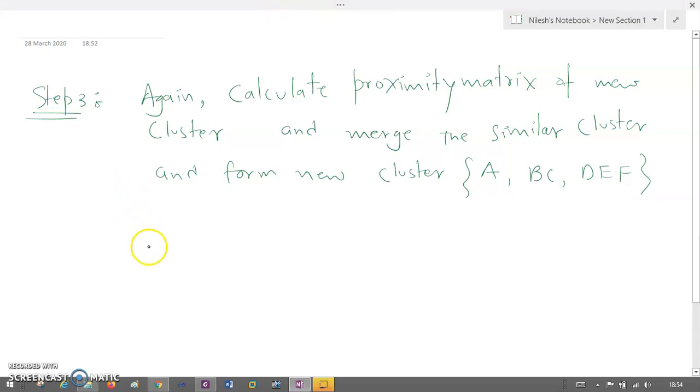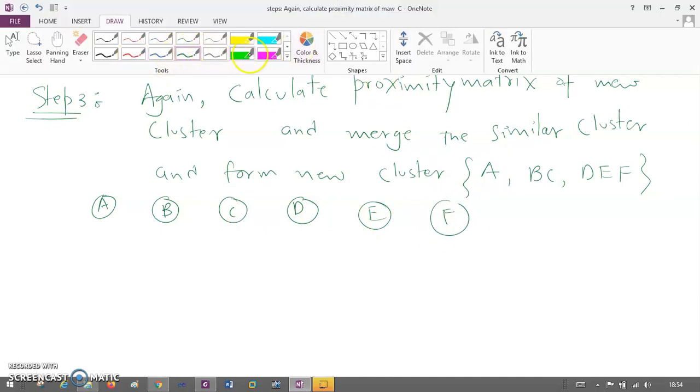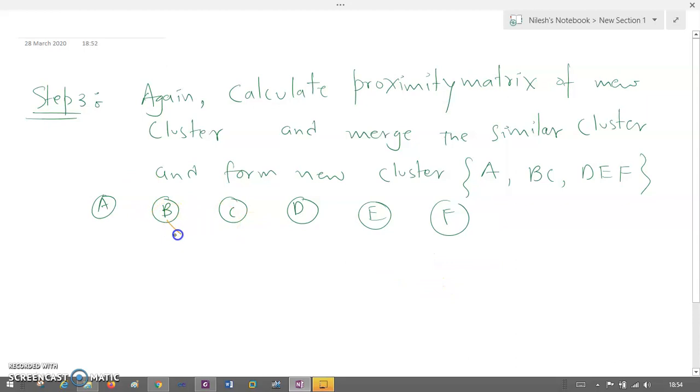So again I will draw this figure: A, B, C, D, E and F. This is the earlier step, and we had joined this B and C here in this cluster, and then we also had formed a new cluster here, D, E. Now we are joining this DE and this F to form a new cluster here, D, E and F. Okay, are you following this?